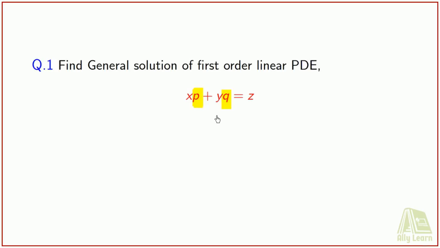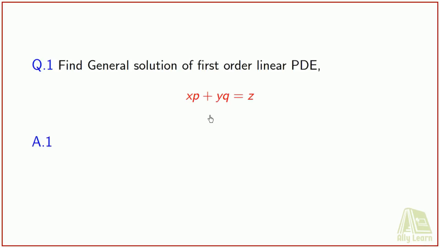So now let's move towards calculating the general solution. Now friends, if you remember, the first step was writing the Lagrange subsidiary equation of the quasi-linear PDE. So let's write the Lagrange subsidiary equations.